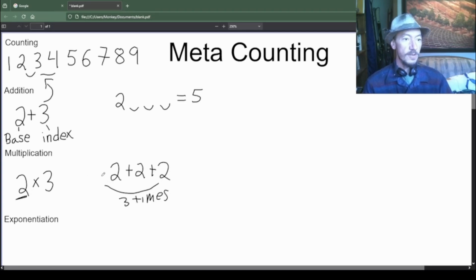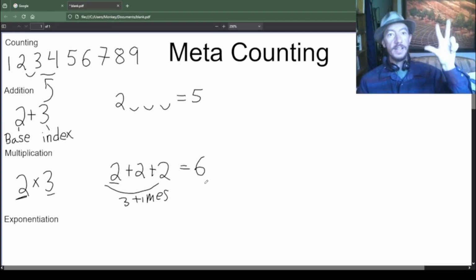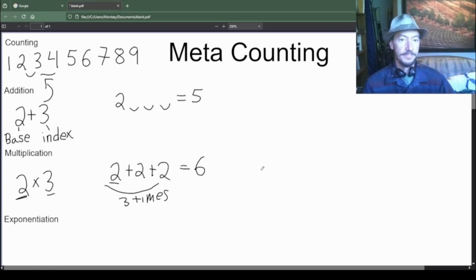Again, base 2 tells us the number to use, and then the index 3 tells us how many times to do the previous operation. And we thought of multiplication like this too until we got comfortable with it. If we didn't know 2 times 3, we could just count up by 2's, 2, 4, 6, to get our answer.